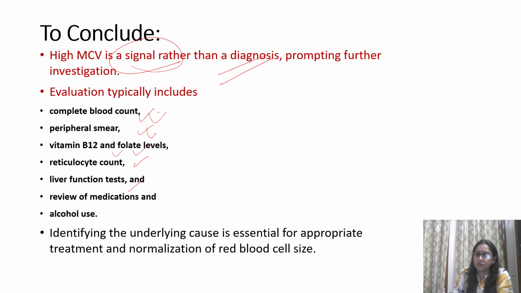The patient needs liver function tests, review of any medications, and alcohol use history. All these things will help us estimate the underlying cause, so that we can go for appropriate treatment and bring our RBCs to normal size.